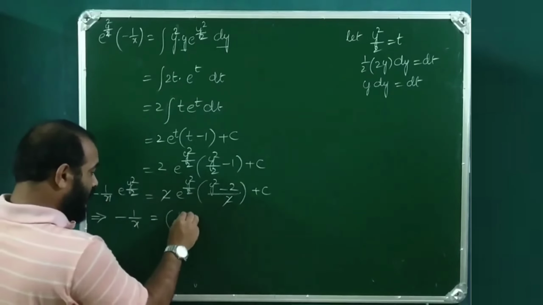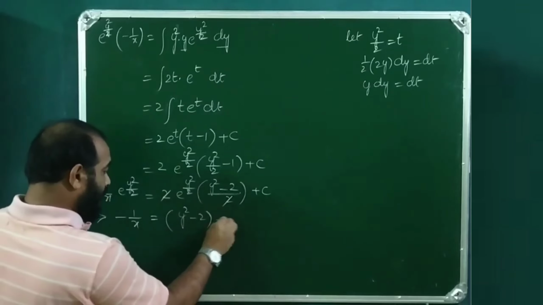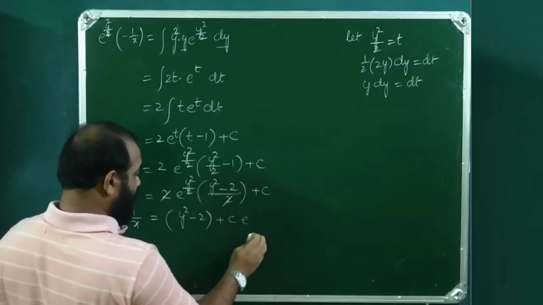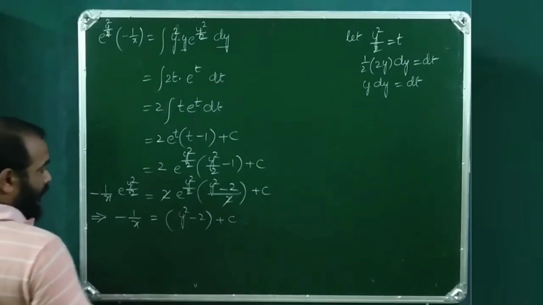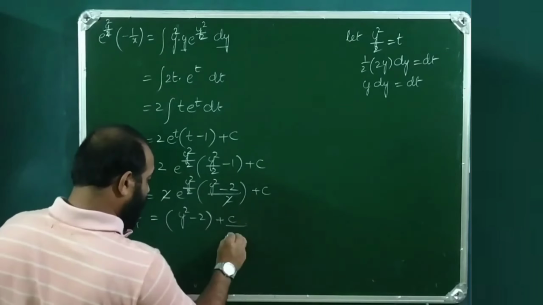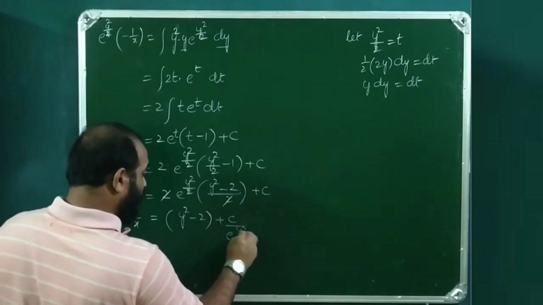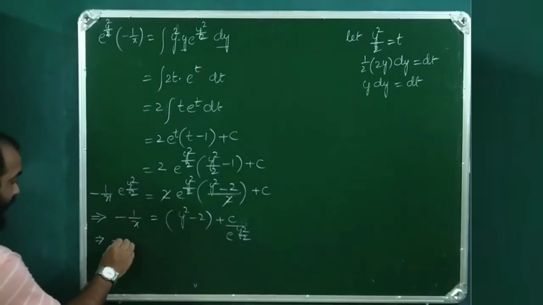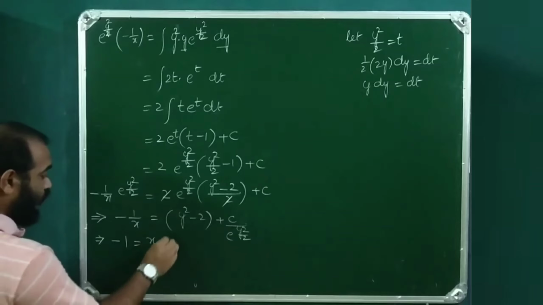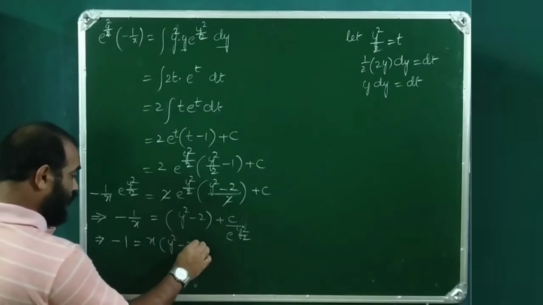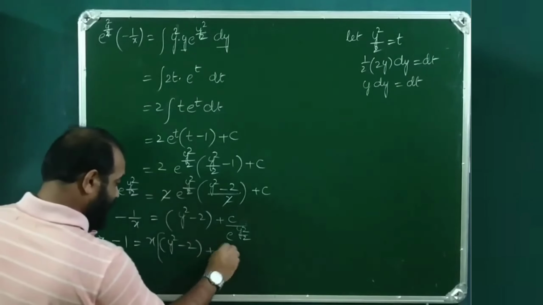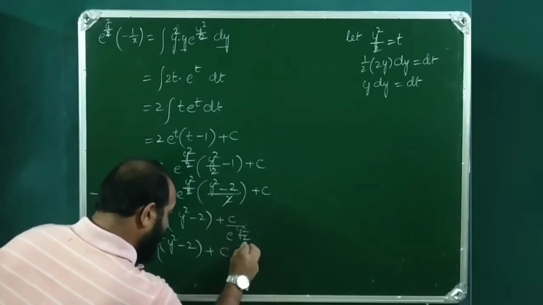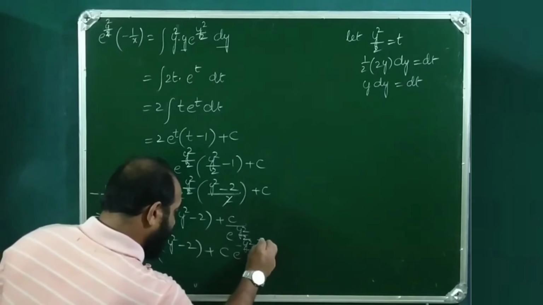This is y square minus 2 plus c into e power minus y square by 2. This implies minus 1 is equal to x into y square minus 2 plus c, where 1 by e power y square by 2 can be written as e power minus y square by 2.